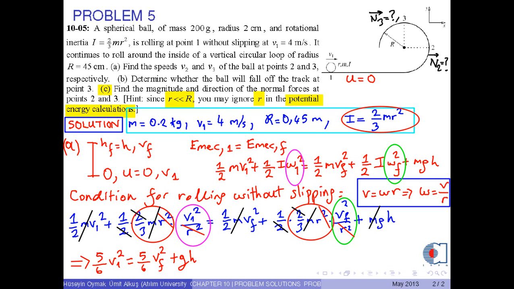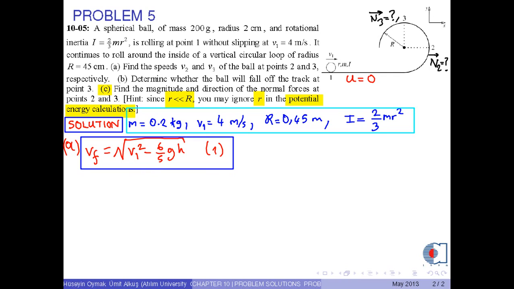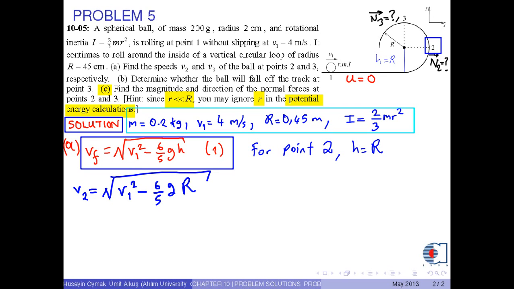Here, since we are interested in final speed, v final equals square root of v1 squared minus 6 over 5 g times h. For point 2, h equals capital R and this equation gives v2 equals square root of v1 squared minus 6 over 5 times g times capital R.